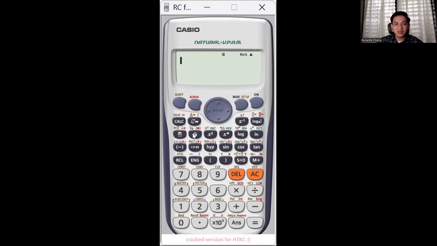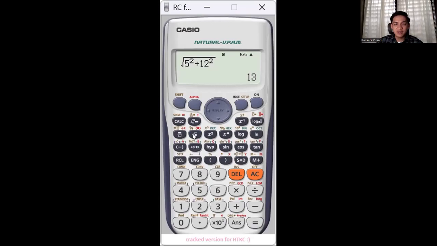So we input everything. Let's start with the hypotenuse of force 1. We have the square root of 3 squared plus 4 squared equals 5. Next is force 2. We have the square root of 1 squared plus 2 squared equals square root of 5. For force 3, we have the square root of 5 squared plus 12 squared equals 13.